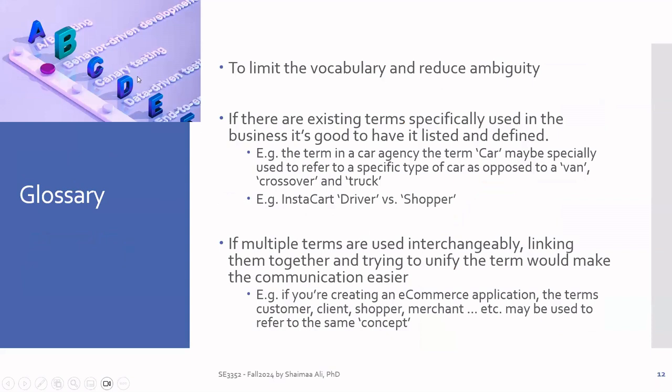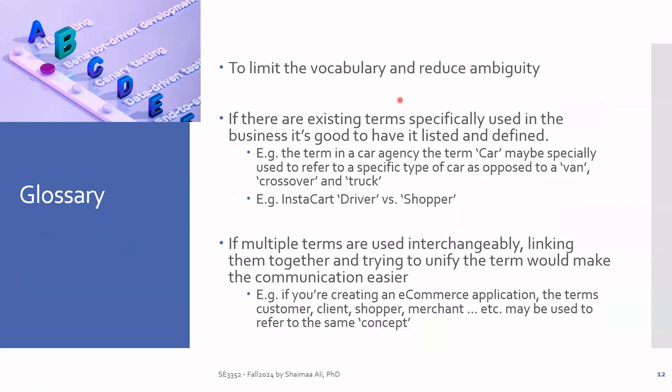Now, one of the models that you might find useful is the glossary model. As I mentioned before, a model doesn't necessarily have to be a graphical or visual model. It could be a word-based model like a glossary, for example. So it's one way to reduce the ambiguity of the system.